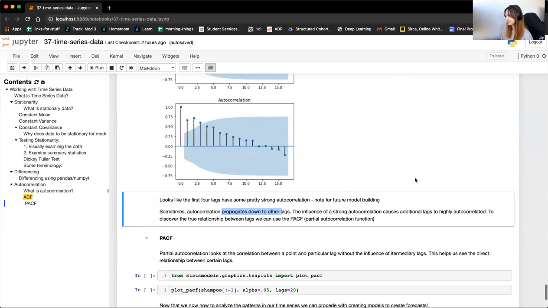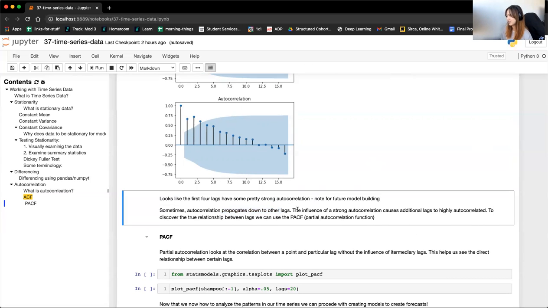All right, so the influence of a strong autocorrelation will cause additional lags to be highly autocorrelated. If you have strong autocorrelation, your additional lags are likely also going to see high correlation with each other.